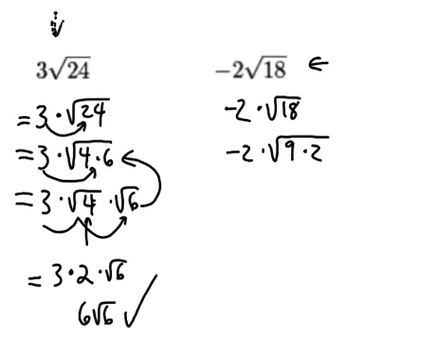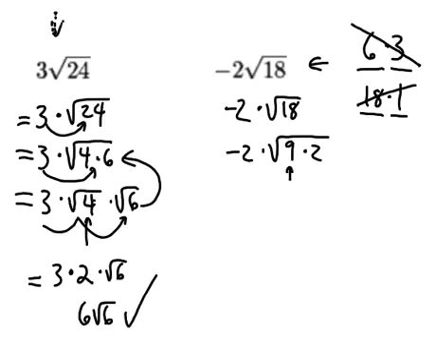I picked 9 times 2 because 9 is a perfect square. 6 times 3 is also 18, but 6 is not a perfect square and 3 is not a perfect square, so I would not choose that. 18 times 1 will also give me 18, but the square root of 1 is 1, so I can ignore that one also. So I want to pick 9 times 2 because that is a perfect square.